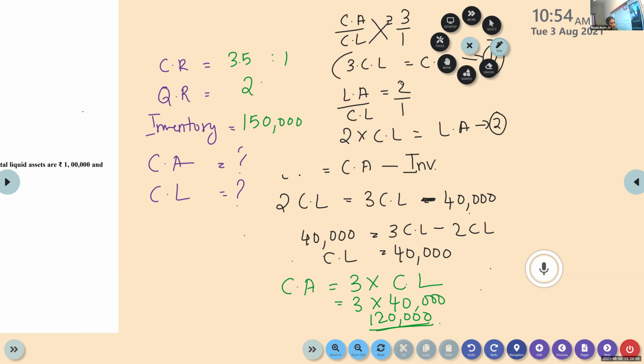So from the current asset minus the inventory, prepaid expenses, if it is there in the balance sheet, and advance tax, etc. Or else you can just take only cash and the rest of the current assets, except these.